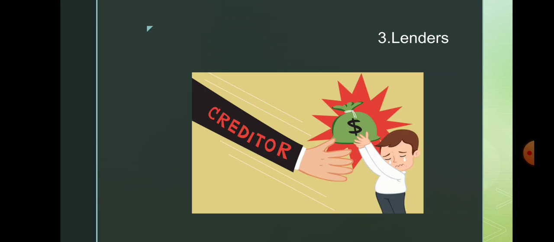Without any kind of security, the bank will not provide even thousands of rupees, or lakhs also. They won't provide any kind of loan without security. If they pledge something, if they provide a kind of security, only then will the particular amount be credited to their account as a loan.